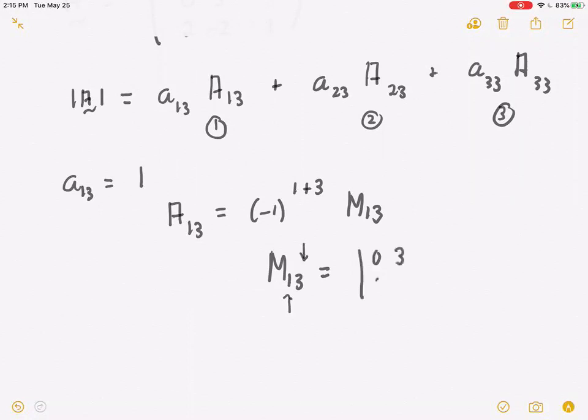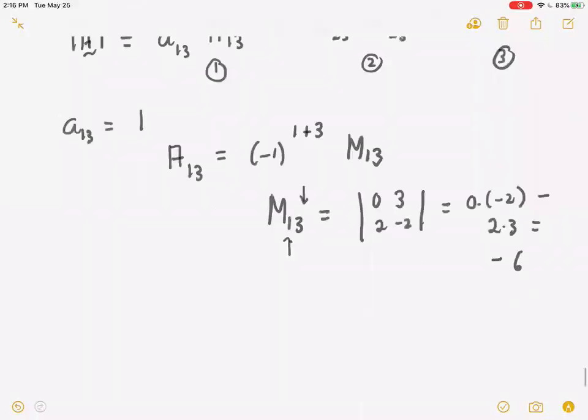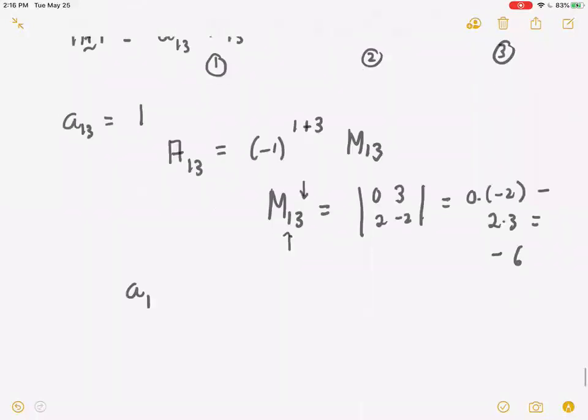And that's just this determinant, and you can evaluate it using a rule from high school. It's just minus 6. So my first term, A sub 1,3 times the cofactor A sub 1,3, is 1 times minus 6. So 1 down, 2 to go.